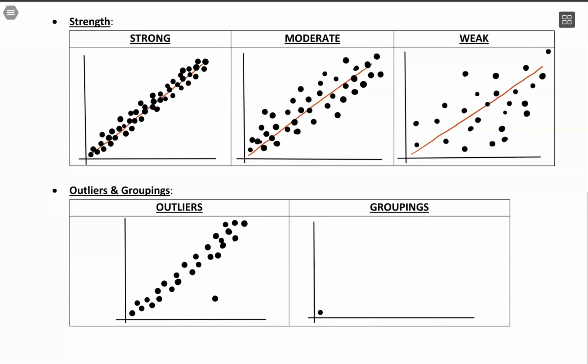Groupings would look something like this, where we see this trend occurring and then something else happens. Not particularly relating to this graph, but an example would be prices of cars and their age.